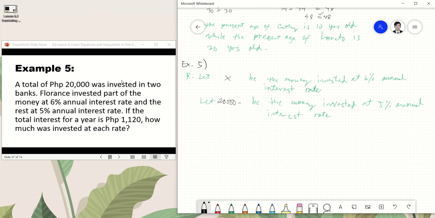So that's 20,000 minus X. So kung ano yung natira, yan yung ininvest niya sa 5% annual interest rate.